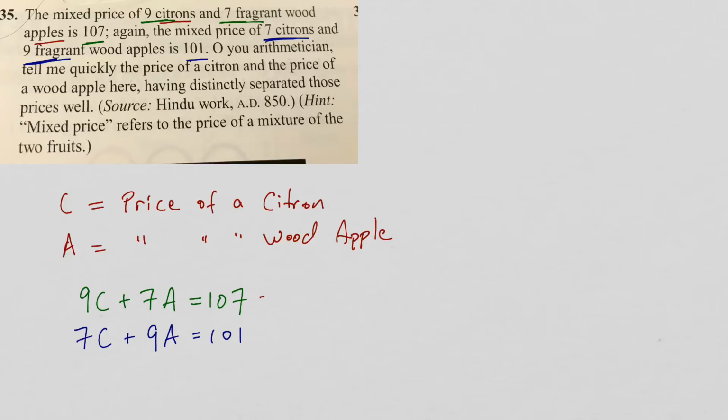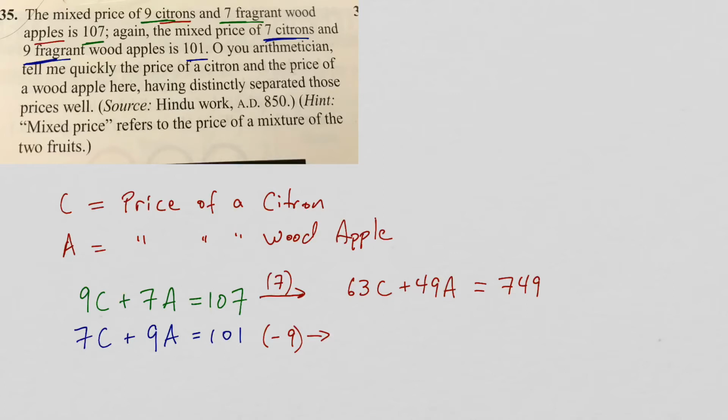Okay, so I'm going to multiply this by 7 to get to 63. And I'm going to multiply this by negative 9 to get to negative 63. So when I multiply the top one by 7, I get 63C plus 49A is equal to 7 times 107 is 749.